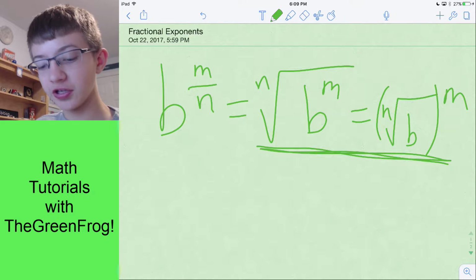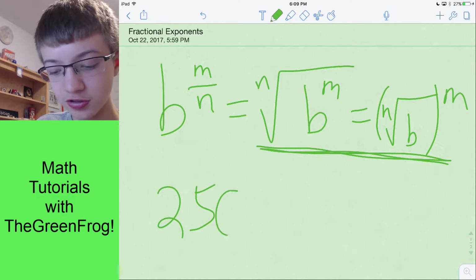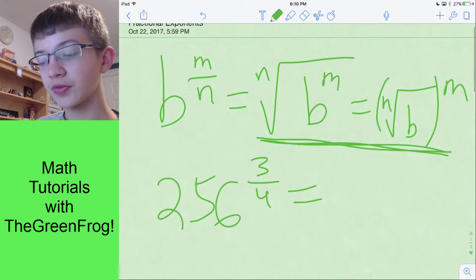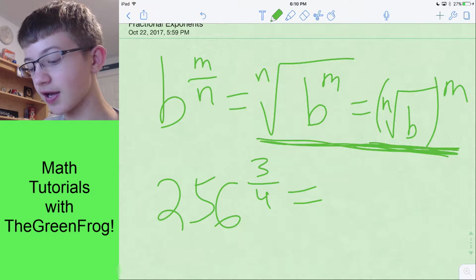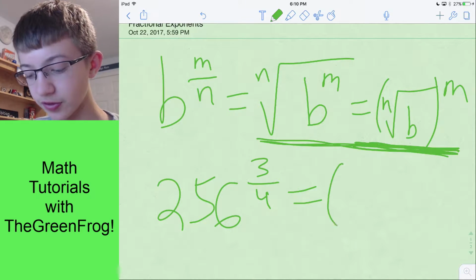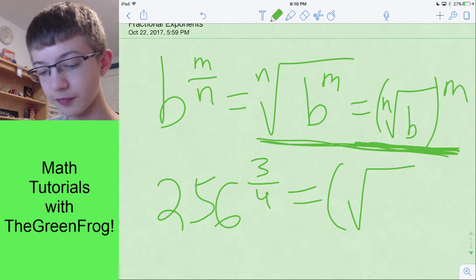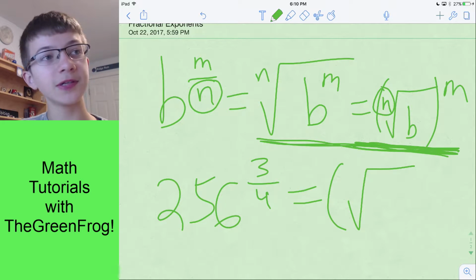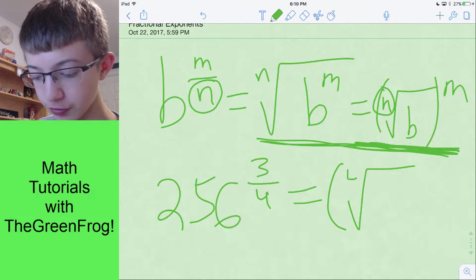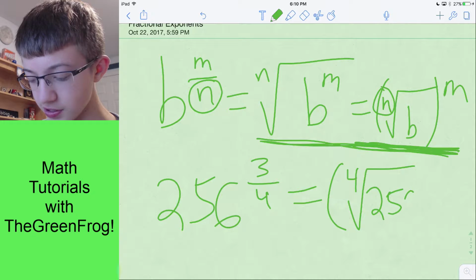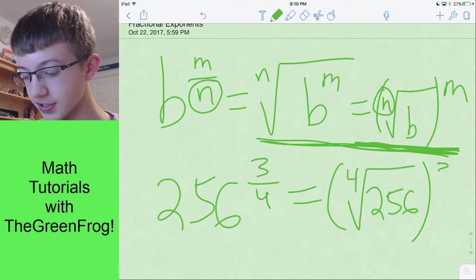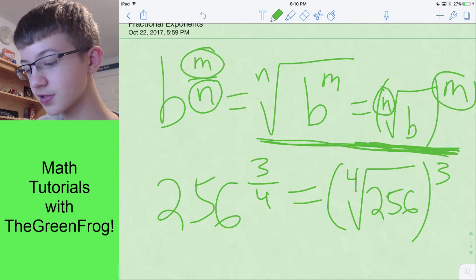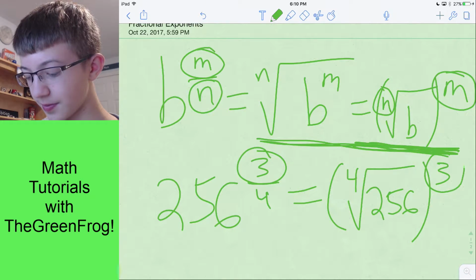So if I do something like 256 to the power of 3/4, using our little definition here, I'm going to look at the second case right now because it's a lot easier. This n is the root, the denominator. So we have the 4th root of 256, and then that whole thing is being cubed, because the numerator becomes the power.